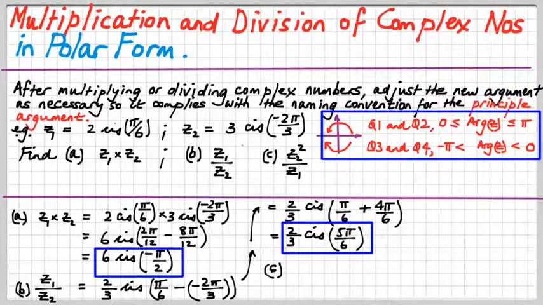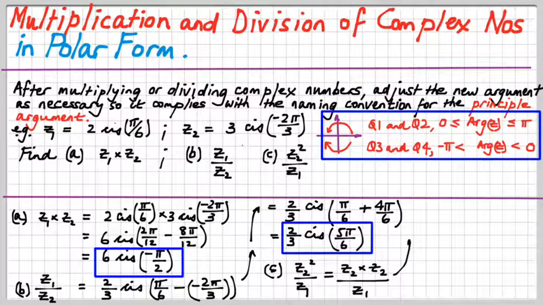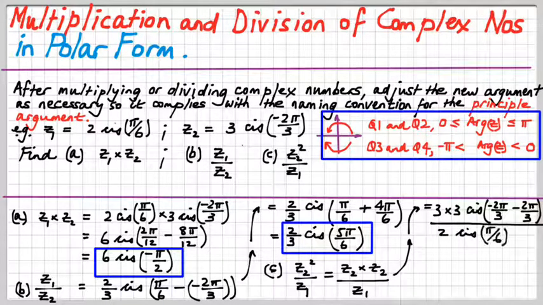Now let's see what we've got to do. Z2 squared over Z1. Well, that's Z2 times Z2, so that demystifies what to do with the square, doesn't it? Over Z1. Now, let's take it carefully. Four-wheel drive mode. No mucking around here. No algebra heroes, please.